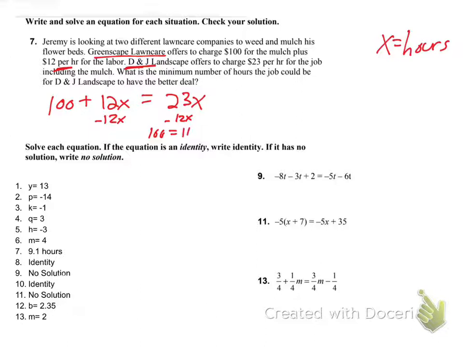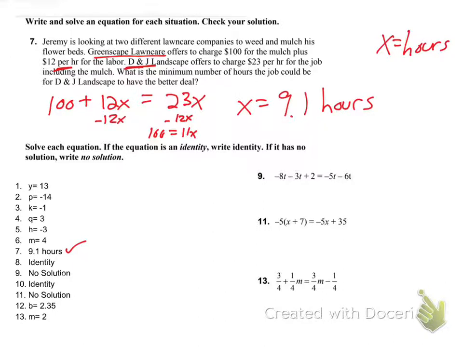So I do 100 divided by 11, I believe. And that's going to give me 9.09. Sorry, I forgot the variable. So it'll be 11x. So then x is going to equal 9.09, or if we normally round to the tenths, 9.1 hours.